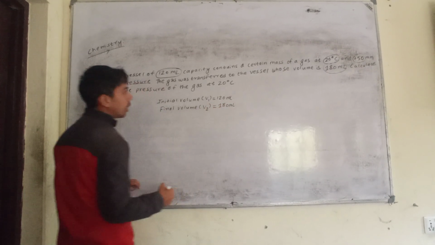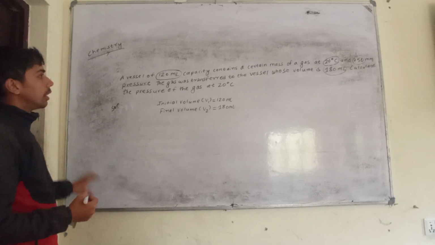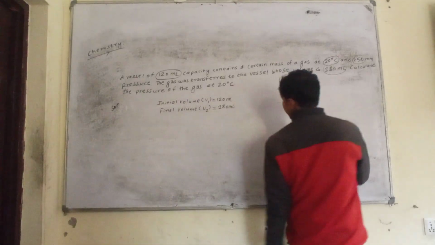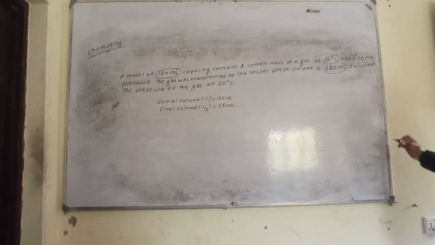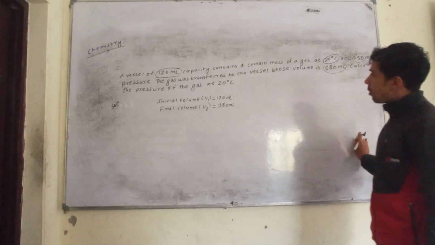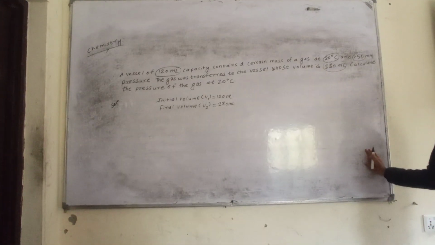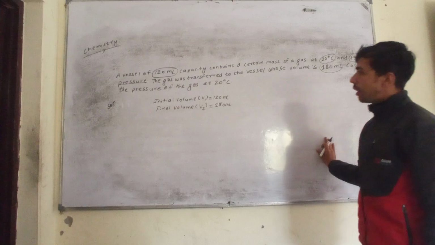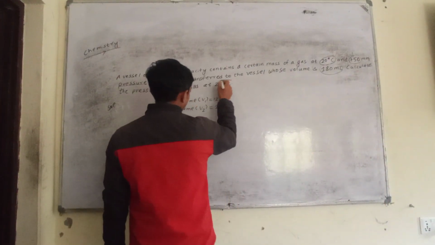Now we can add it up in this numerical problem. We need to calculate the pressure of the gas at 20 degrees Celsius. Please be careful while handling the numerical problem. We have been given some clues in this question that this numerical problem belongs to Boyle's law because the temperature is constant.